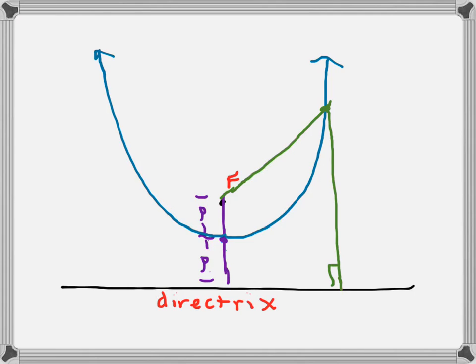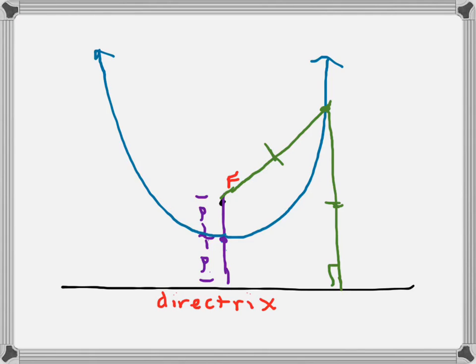A little hard to tell with my drawing because my art skills aren't perfect, and it's really hard to draw a perfectly good parabola. But that is the geometric definition of a parabola.